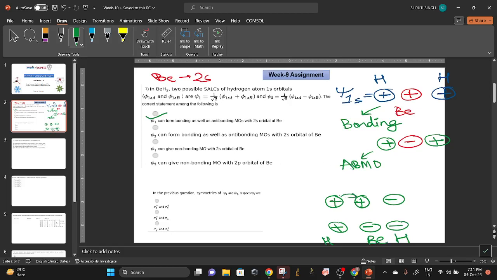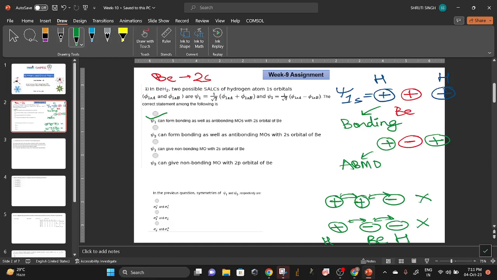This can be a bonding interaction, but here it has anti-bonding interaction, so this will not form. Again, this is an anti-bonding interaction and this is a bonding interaction, so this also will not form. So only the plus combination will work with this beryllium 2s, and here it can form bonding as well as anti-bonding. So here only the first option is correct, not the second one.